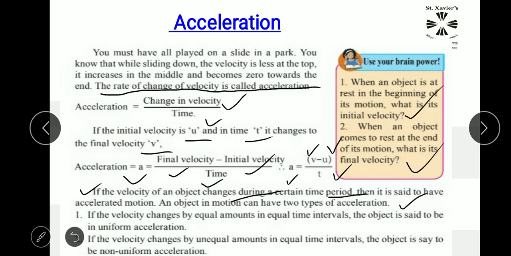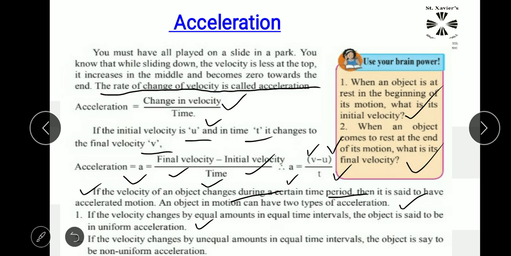If the velocity changes by equal amounts in equal intervals of time, the object is said to be in uniform acceleration. Students, if the change in velocity is constant per unit time, then the acceleration is called uniform acceleration.